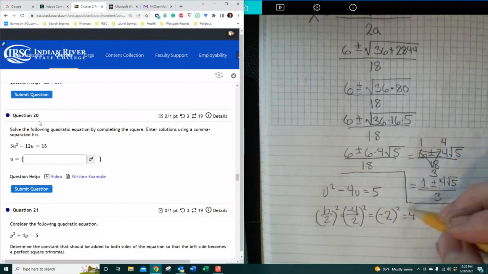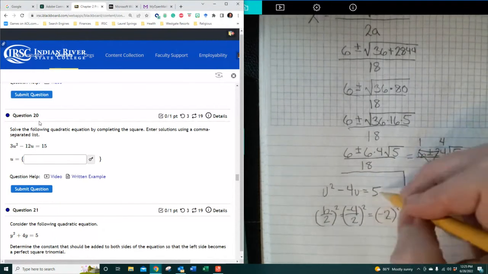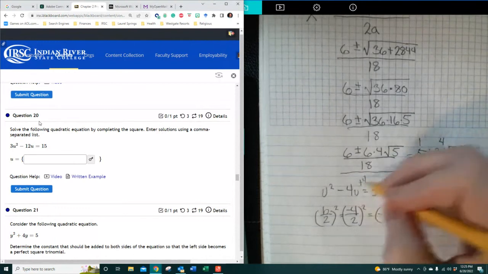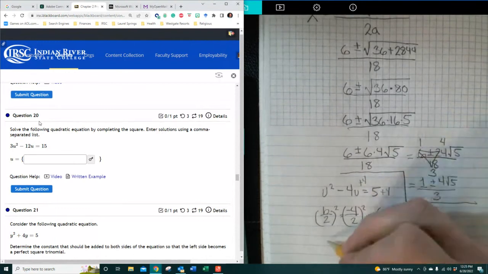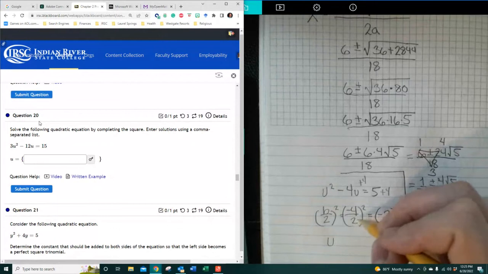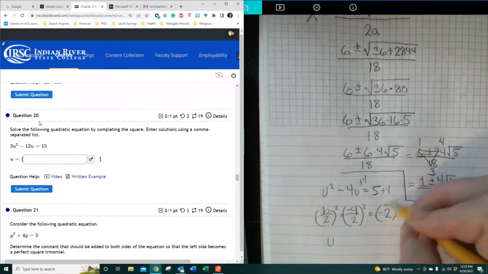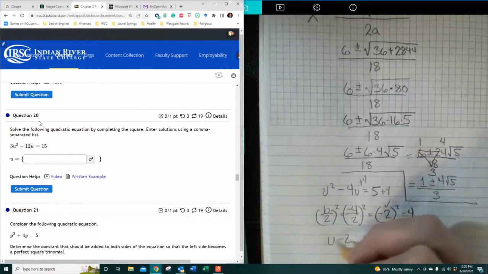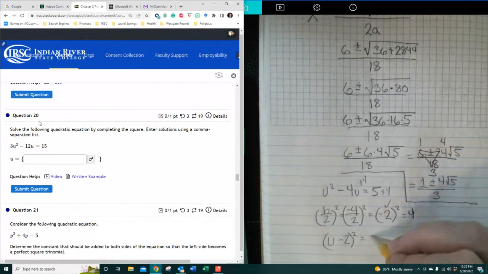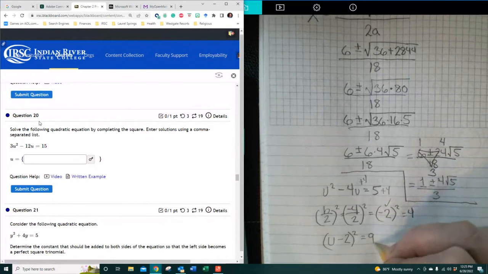Now, what happens when we do that is we add 4 to this side and add 4 to this side. By adding the 4 to both sides, it becomes a perfect square, where whatever you take half of the middle term, the -4 that is, half of that is what you put in a binomial. And then you do 5 plus 4 is 9.